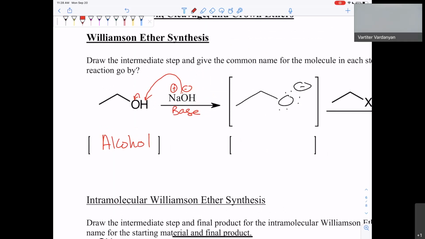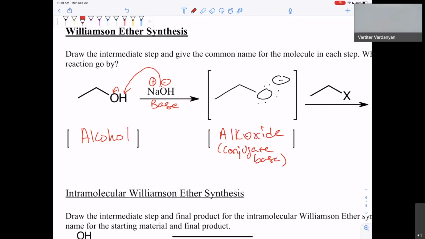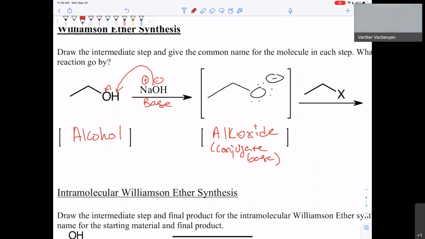We talked about this a little bit a couple weeks ago. What's the name of the conjugate base of our alcohol? The alkoxide. All right. So now once we have our alkoxide, we are going to introduce an alkyl halide.